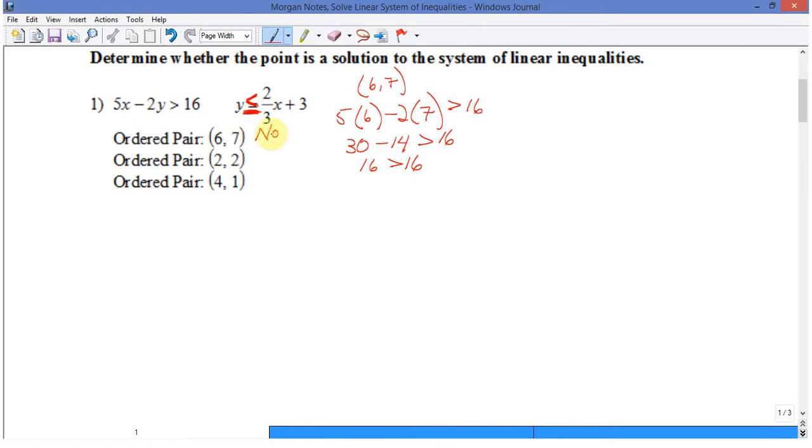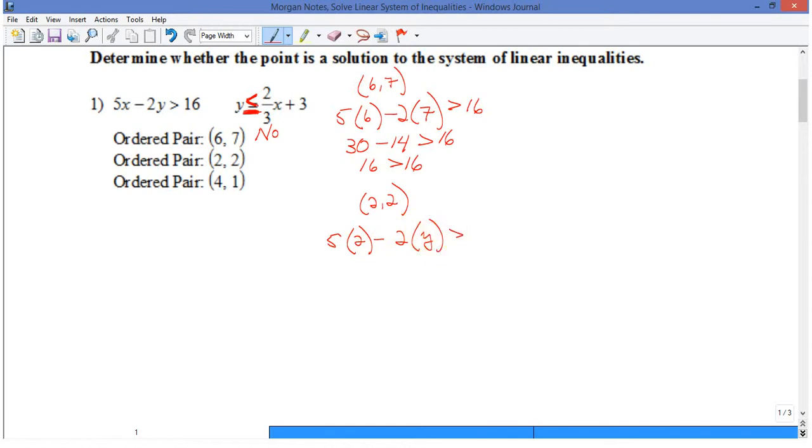Let's try the second one, 2, 2. And I'm going to substitute it into the first equation. So I would have 5 times 2 minus 2 times the y value, which is 2.